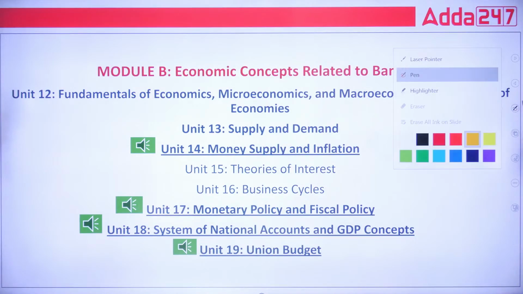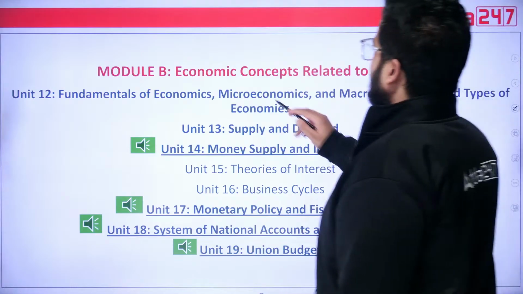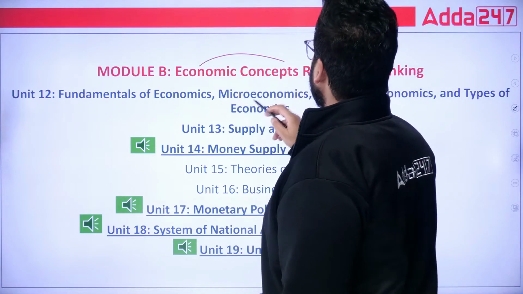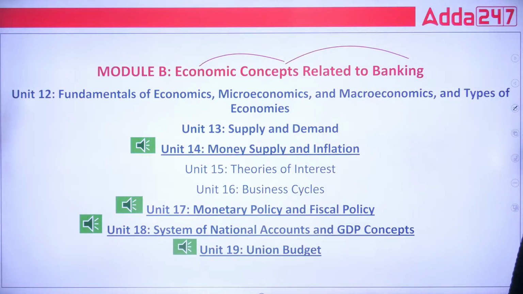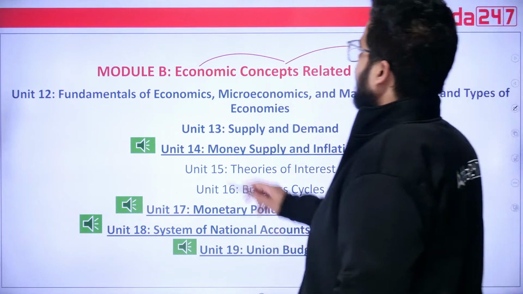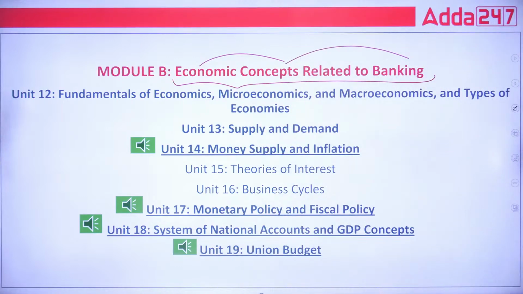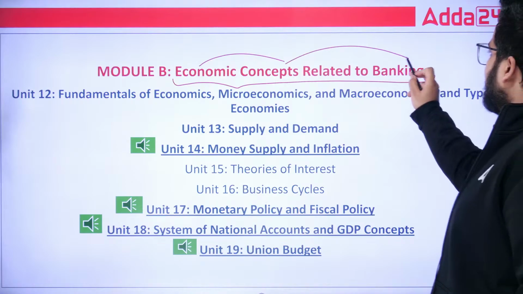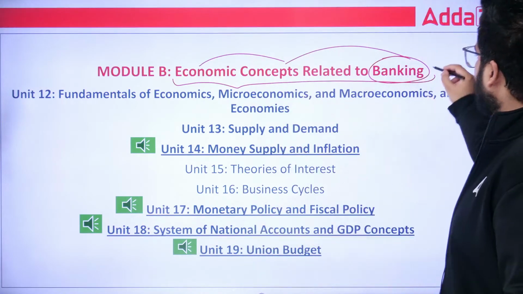of May 2026. So when I talk about Module B, it has the direct economic concepts related to banking as the topic of your Module B. That is the entire description given in our syllabus. Now, the banking industry, how can you relate it with economic concepts via two things?